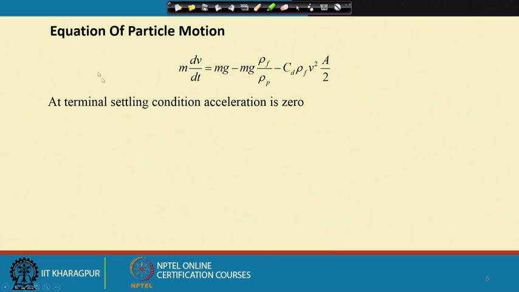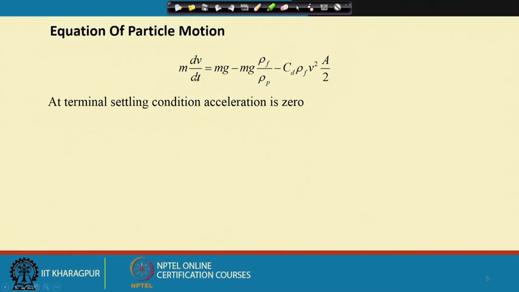So, at terminal settling condition we said that the acceleration is 0, that means it has a constant velocity. So, the dV by dt term is equal to 0, because we are interested in knowing V, and this is the terminal settling velocity V t square, and this C d is the drag coefficient.